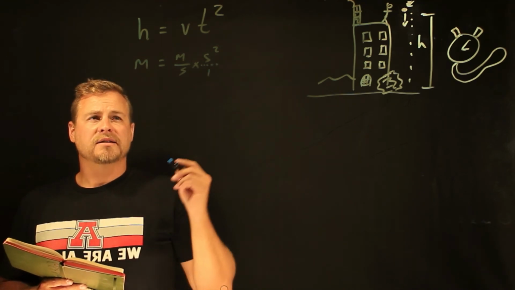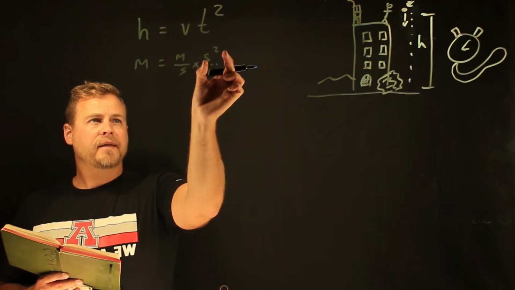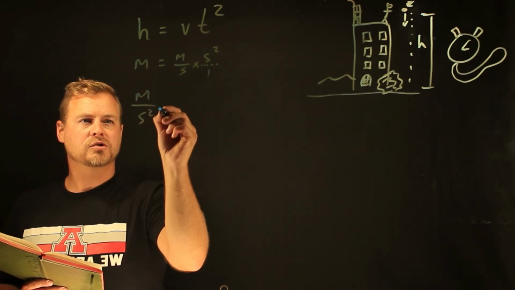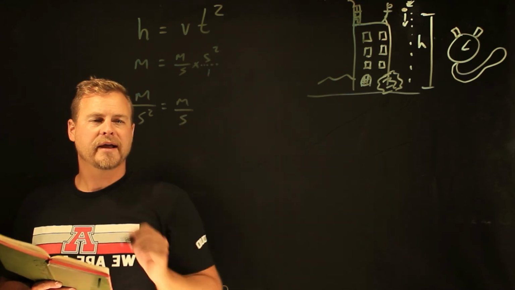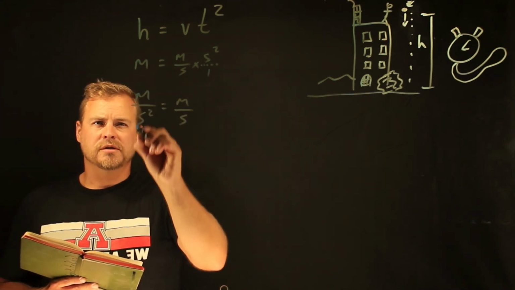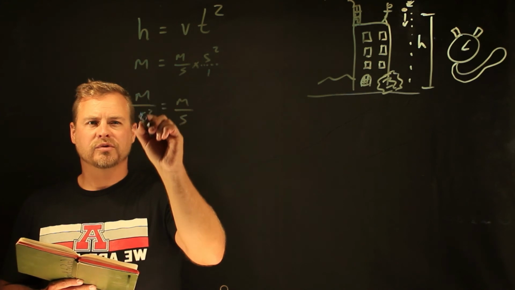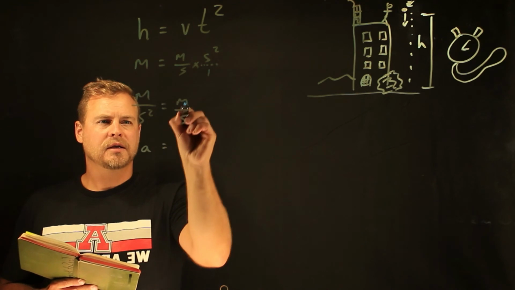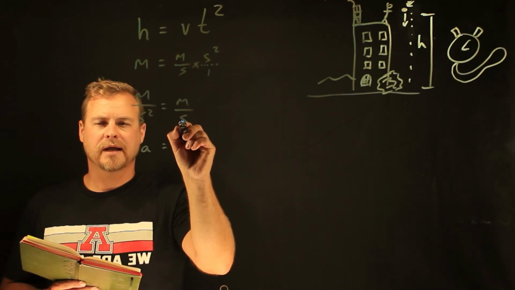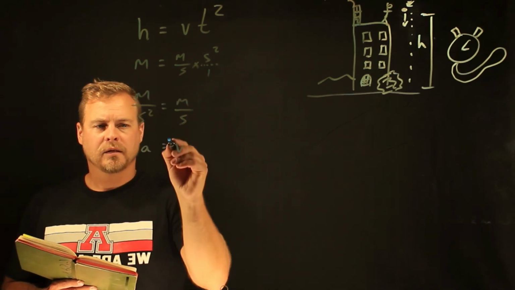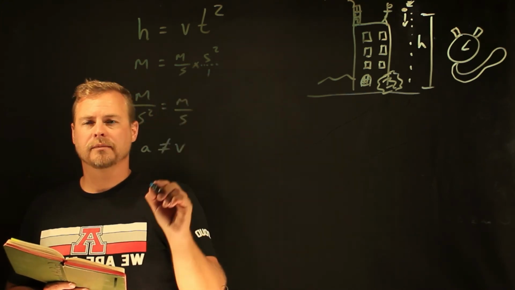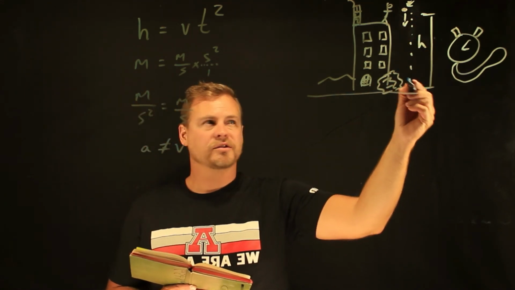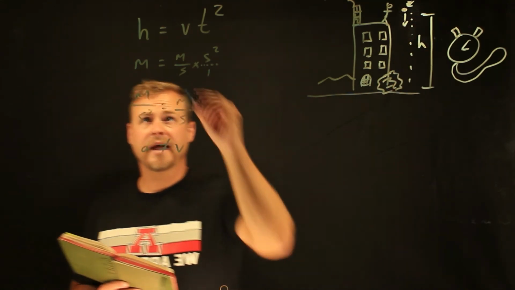Now when I simplify, I can divide that s squared over to the other side, and so I've got m/s² is equal to m/s. The units, meters per second squared, that's an acceleration, is not the same as meters per second, that's a velocity. That is not a true statement. So h equals vt squared will not explain how this ball is falling. That doesn't work.